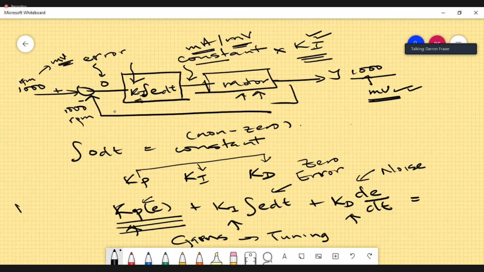And by the way, they have P, PI, PID, PD. This one here is just when you want to control noise.